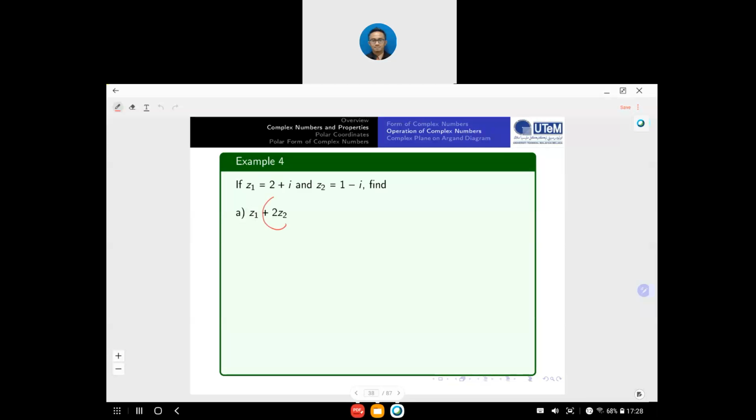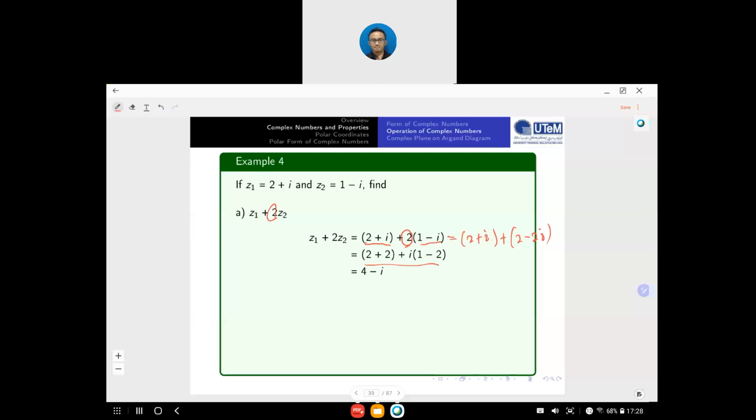Okay. Now let's look at the operations of complex numbers. There are some properties of complex numbers. Okay, so look at this table. Equality. If you have a plus bi equals c plus di, it means that a also equals c and b equals d.